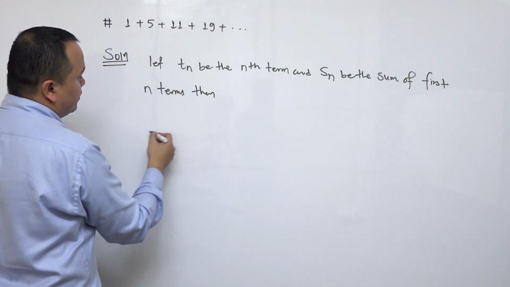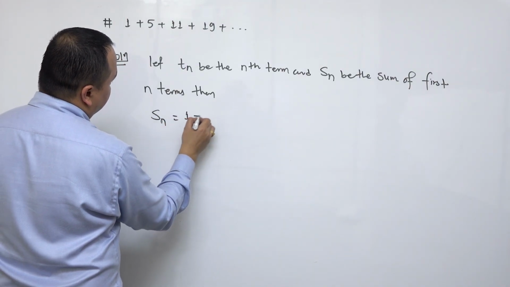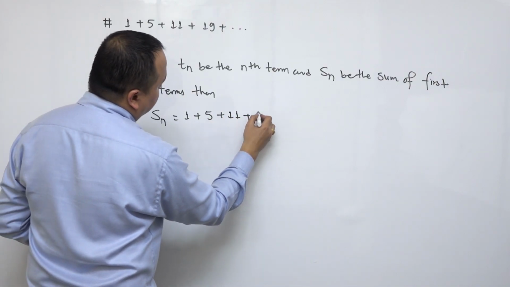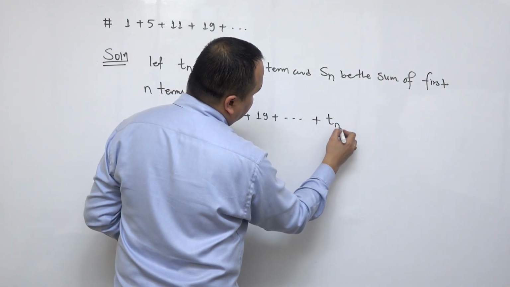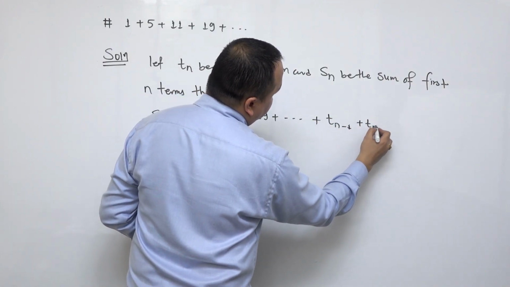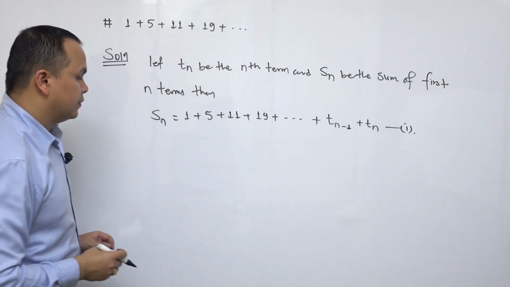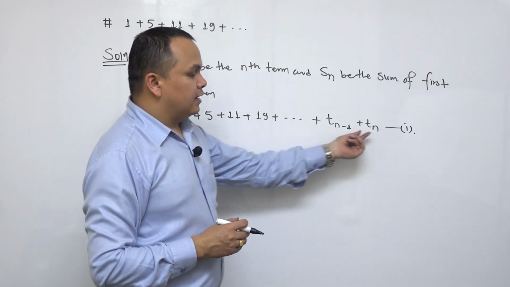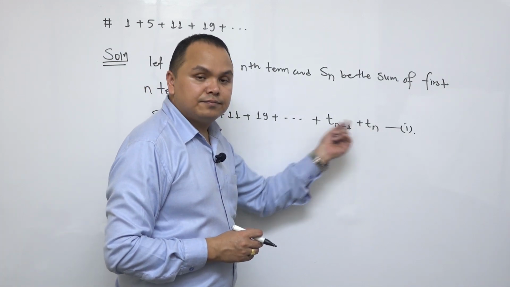Then Sn is equal to 1 plus 5 plus 11 plus 19 plus ... Tn minus 1 plus Tn, equation I. First term, second, third, fourth, the last term and second last term, the previous term.